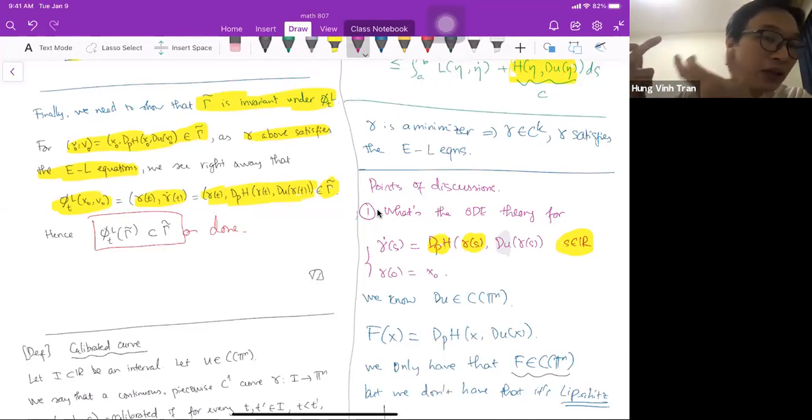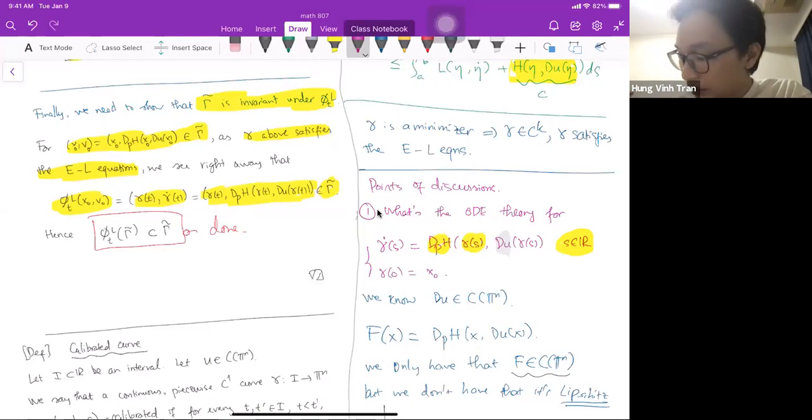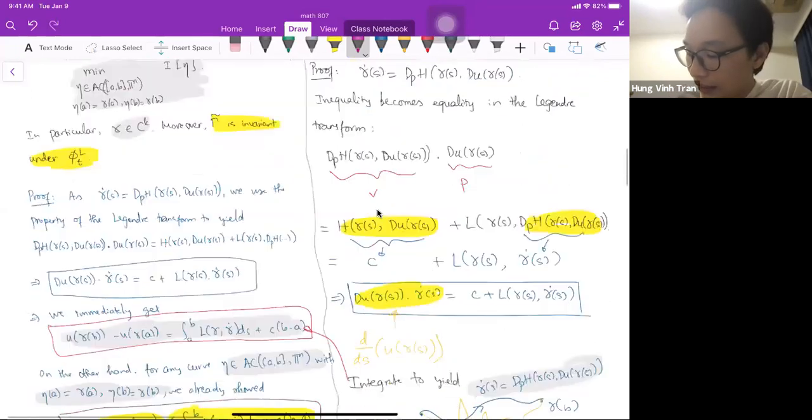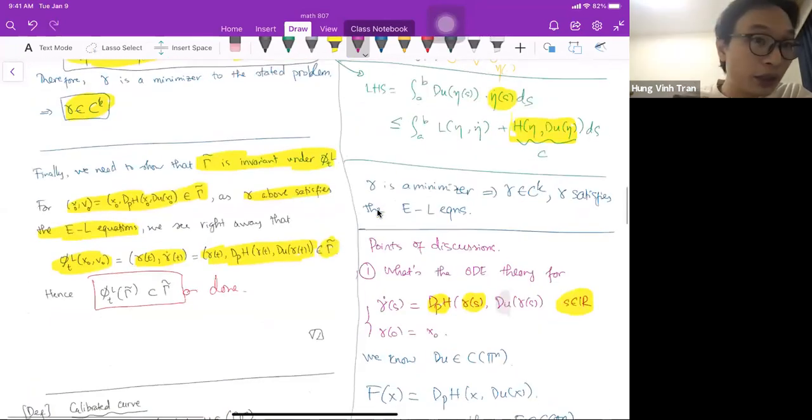So that's the Euler-Lagrange equations. And the gamma we chose here turns out to satisfy the Euler-Lagrange equations, and then it's exactly the Lagrangian flow.